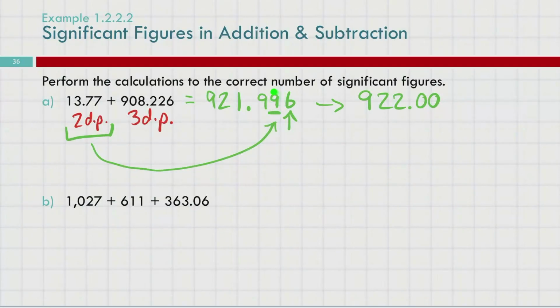This later 9 turns into a 10, turns this other 9 into a 10, turns this 1 into a 2. But we keep those 2 decimal places as zeros, so 922.00.